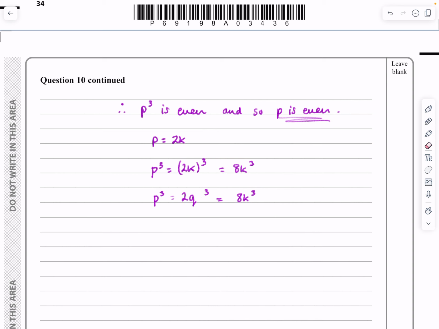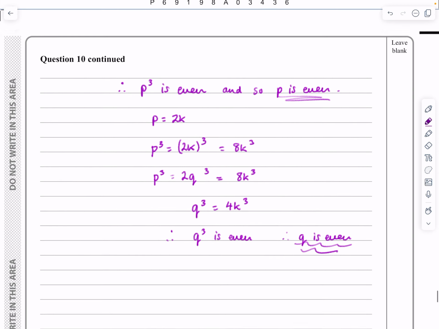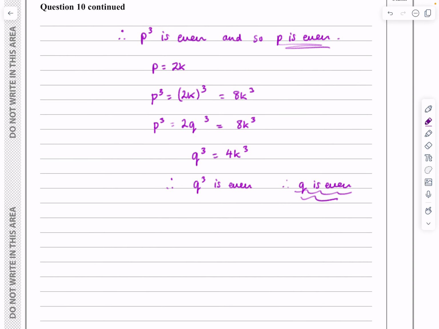So that should be outside like that, obviously. And so if that's true, then q cubed is equal to 4k cubed. And if it's 4k cubed, then q cubed is also even. And so if q cubed is even, then q is even. And I've now got the situation where I've shown that p and q are both even.